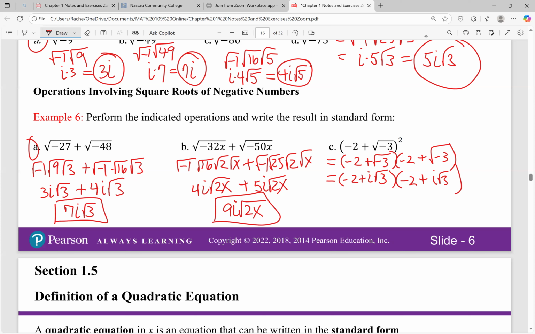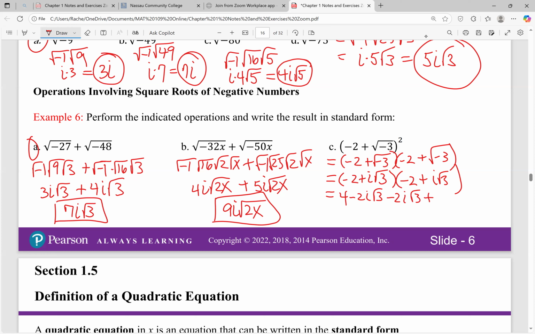Now we can distribute. So I'm going to have -2 times -2, which is +4. Then I'm going to have a -2 times i radical 3, so minus 2i times radical 3. Now I'm going to multiply my inner terms, which is going to be, again, a -2 times i radical 3.